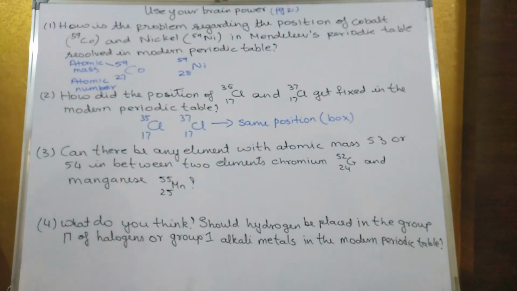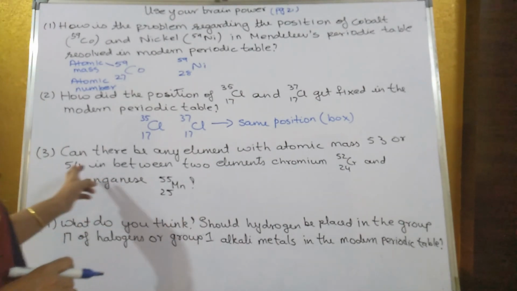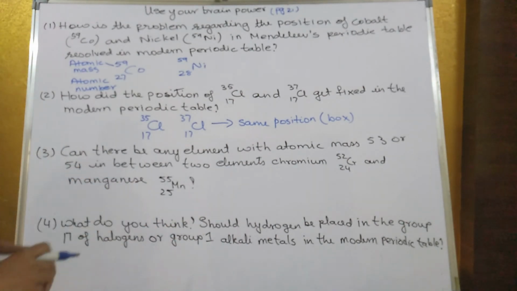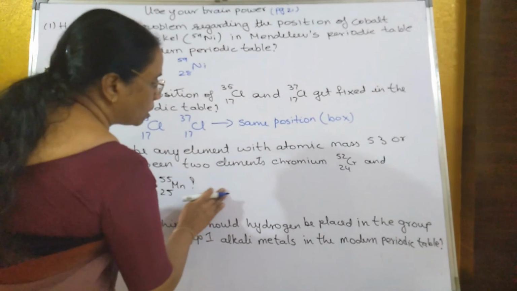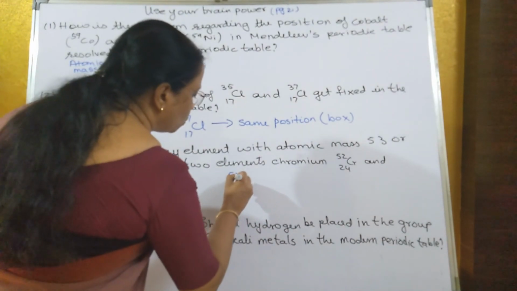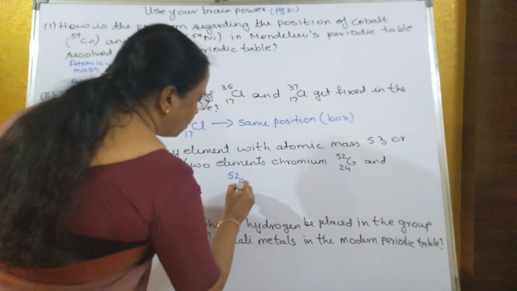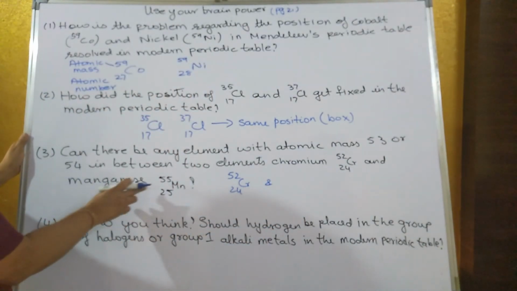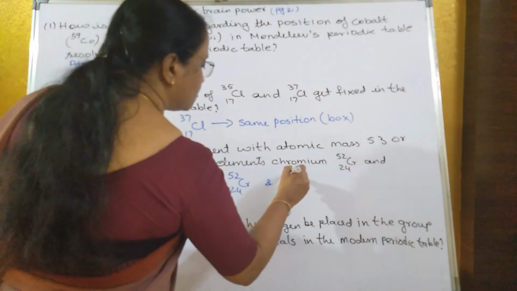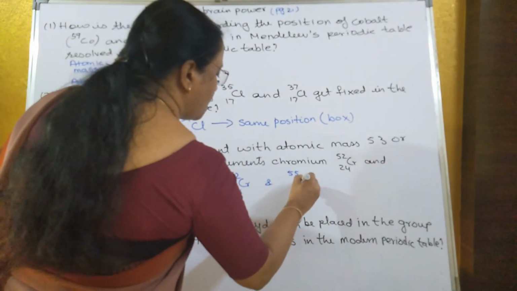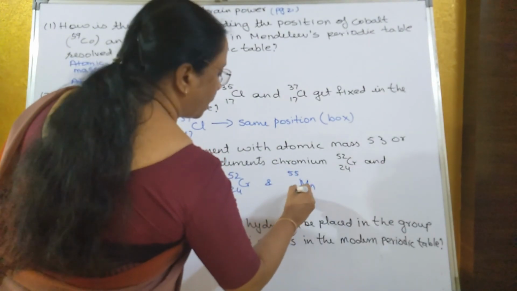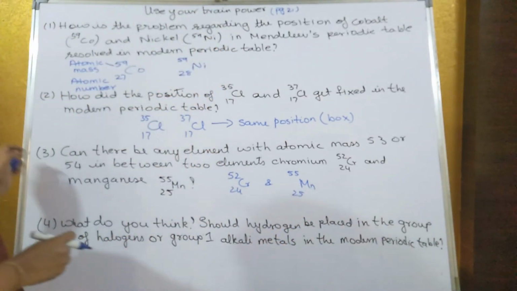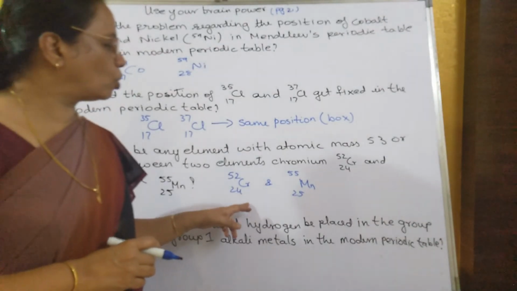Can there be an element with atomic mass 53 and 54 in between two elements? Chromium. So what is chromium? 52, Cr 24. And between chromium and manganese, what is manganese? Manganese is 55, Mn 25. So the question is, can there be any elements between chromium and manganese?